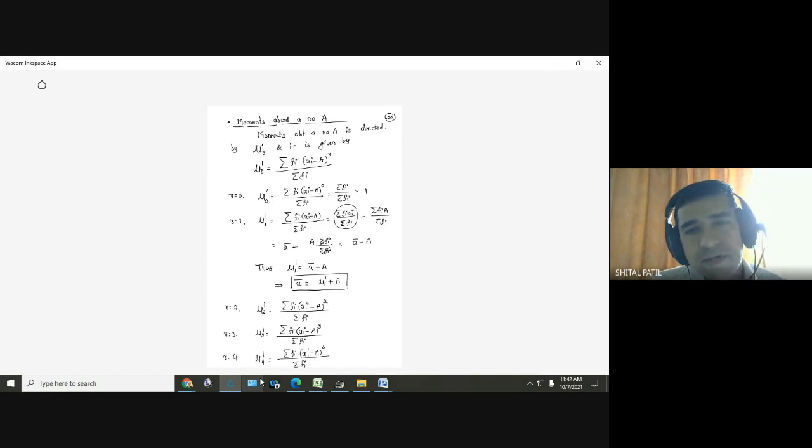Till now we have not understood how, if we know the moments about number A, mu 1 dash, mu 2 dash, mu 3 dash, mu 4 dash, it is possible to find the central moments. That we want to understand. And at the end we want to understand why we are studying all these moments.